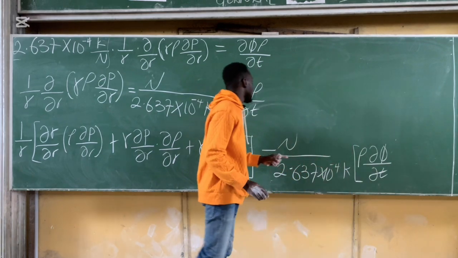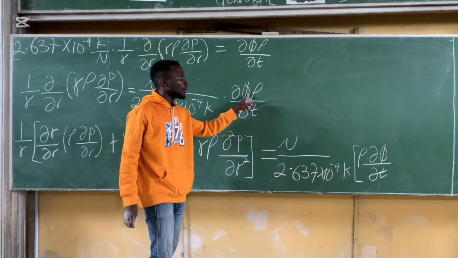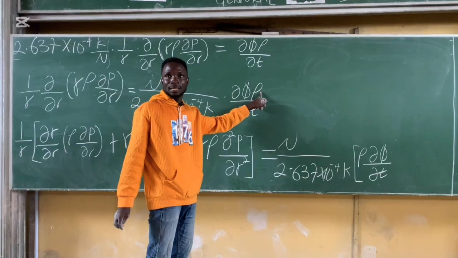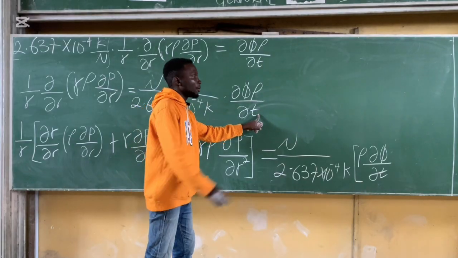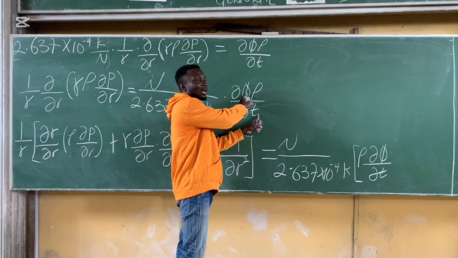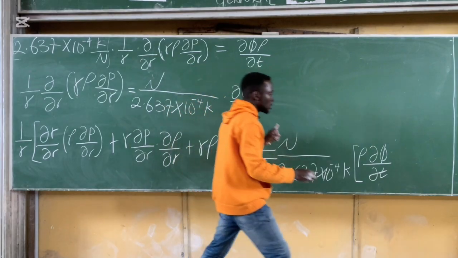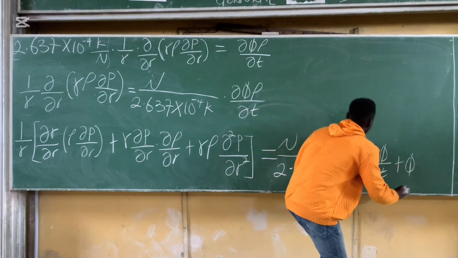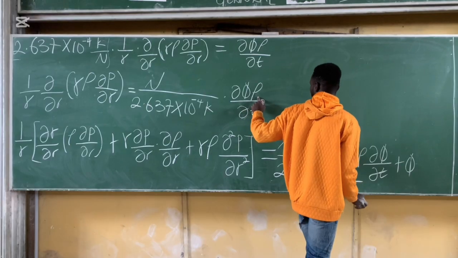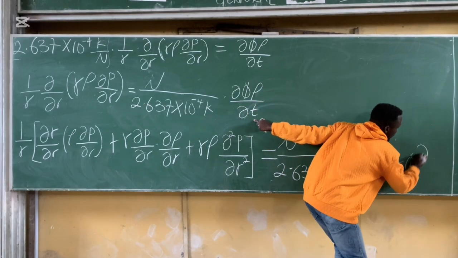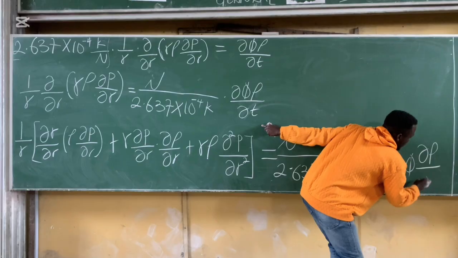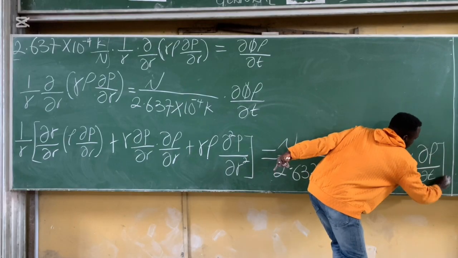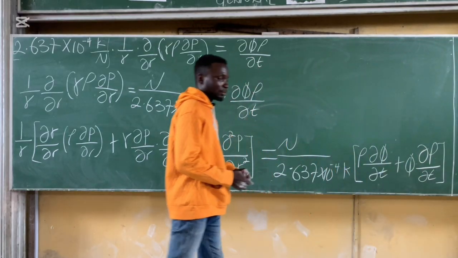Also, since we are done differentiating this one, differentiate density with respect to t. If you are differentiating density, phi here becomes constant. So this becomes plus phi constant. Differentiate this one with respect to this, we are going to have d rho divided by dt. So we have this.